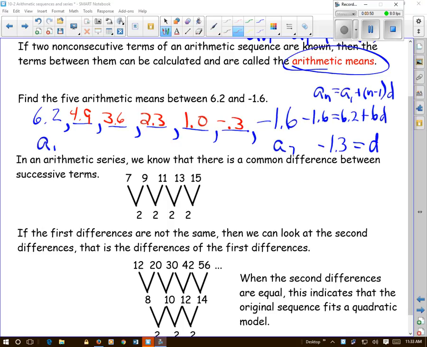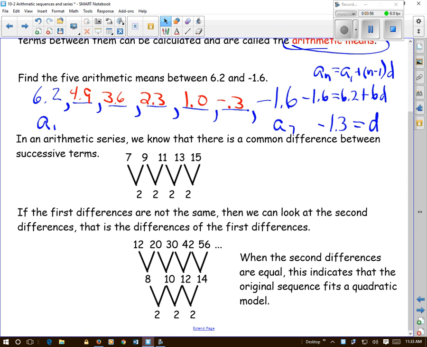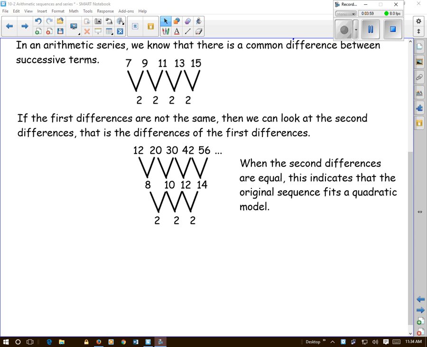Questions so far? Okay, this next part we're just going to look at real quickly. The book goes into how you can actually find an equation from this, but we're not going to go that far with it. We're just going to look at the basic idea. If we have an arithmetic series, there is some common difference between the successive terms.